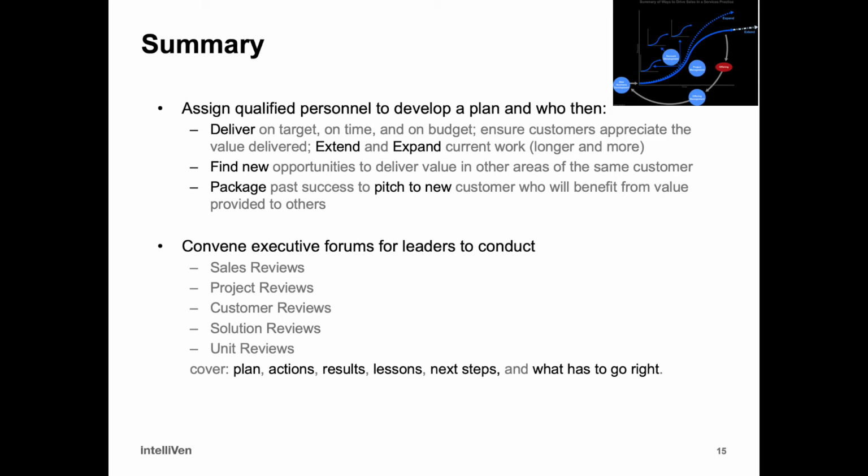What we're talking about is taking that discipline, that governance, down a level, and to do the same sort of governance on selling opportunities, on project work, to make sure that what we're doing is on time, on target, on budget, but also extending and expanding, and doing customer reviews like Katie just described, to be sure that the whole of the account is being considered and what's right and best overall to deliver the full potential of value to your client.